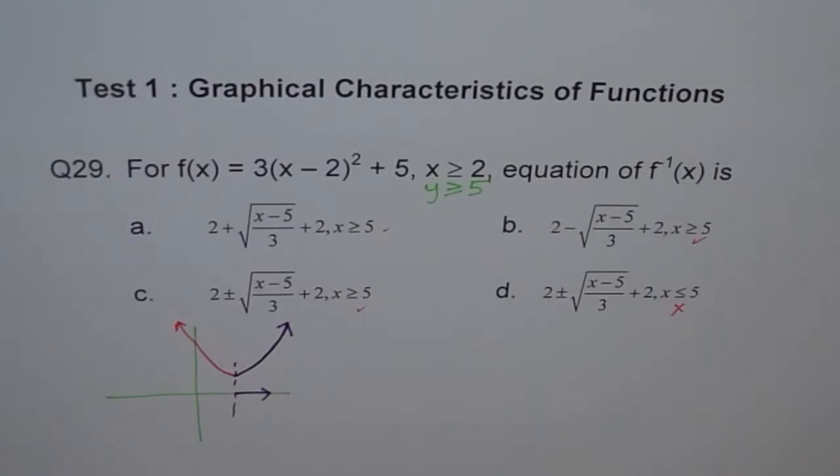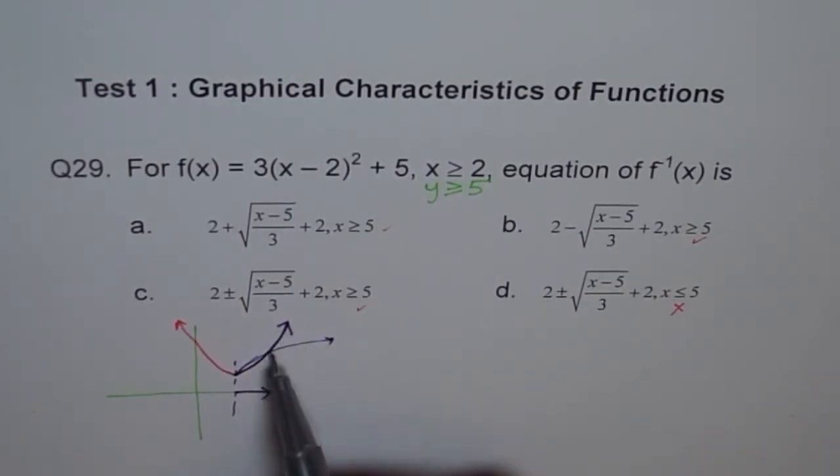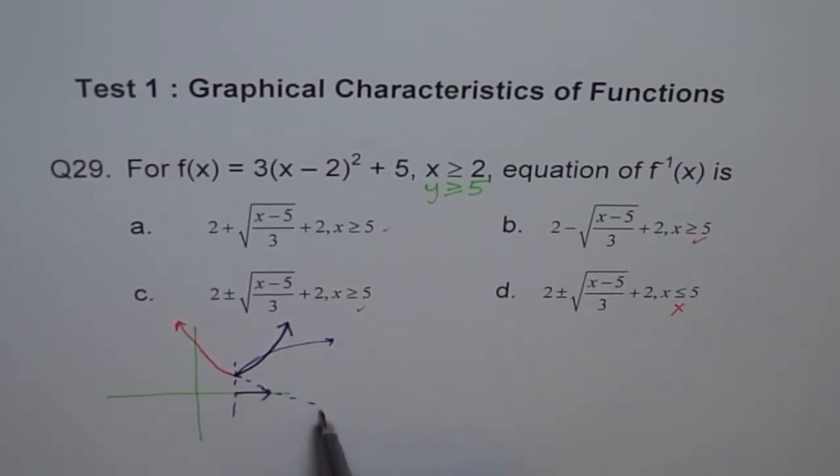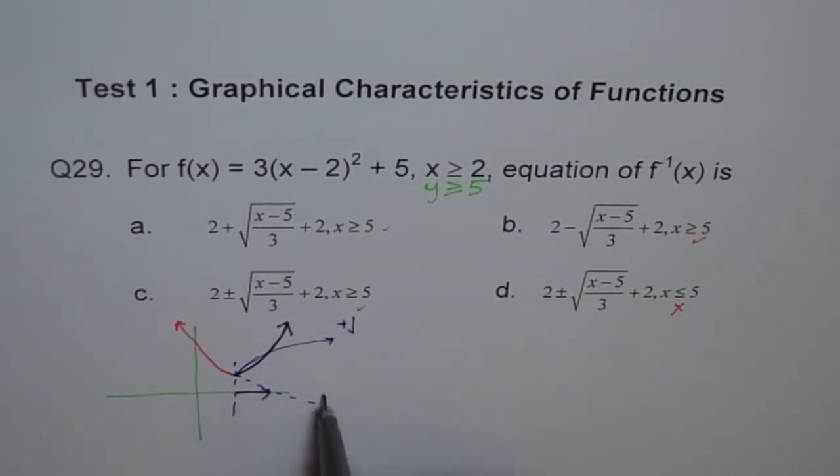The inverse will actually be kind of like this. Let me just draw approximately like this. So this is this part, and the other part, which is the inverse of this red portion not considered, is minus. This one is with the positive sign of the square root, and this one is with the negative sign of the square root.